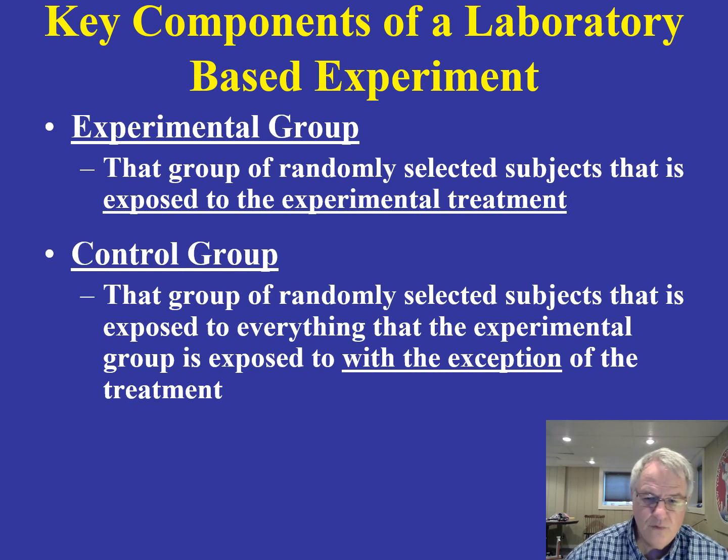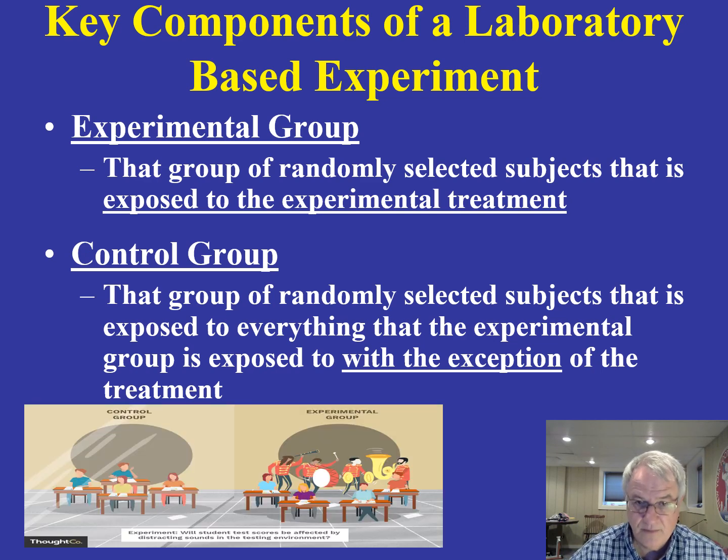Our control group is, again, randomly selected subjects. They're exposed in a manner identical to that experimental group to all the same things, with the exception of one, and that is the treatment. Going back to our fertilizer experiment, our control group is not being exposed to the fertilizer.